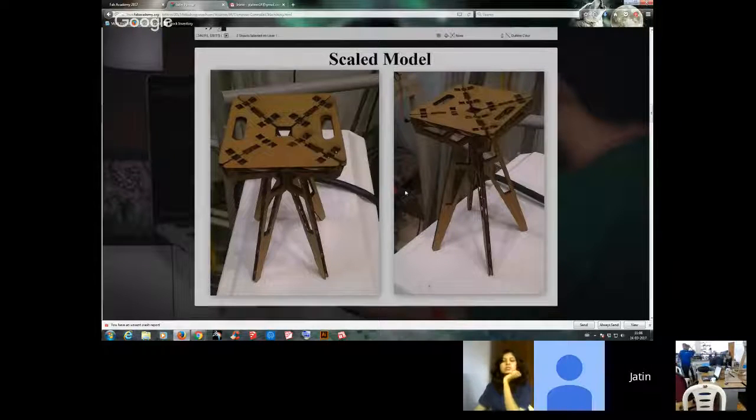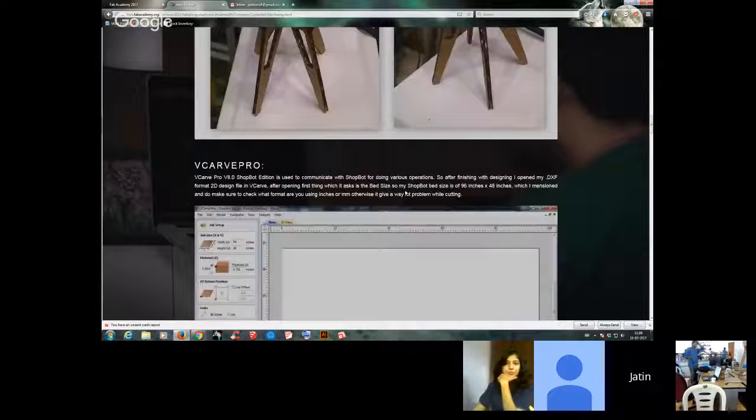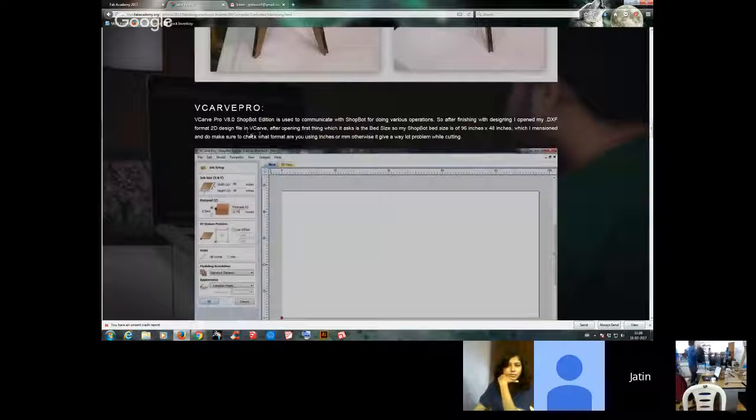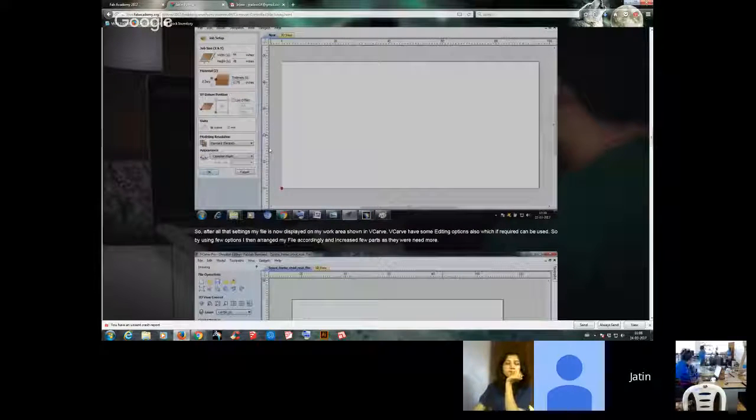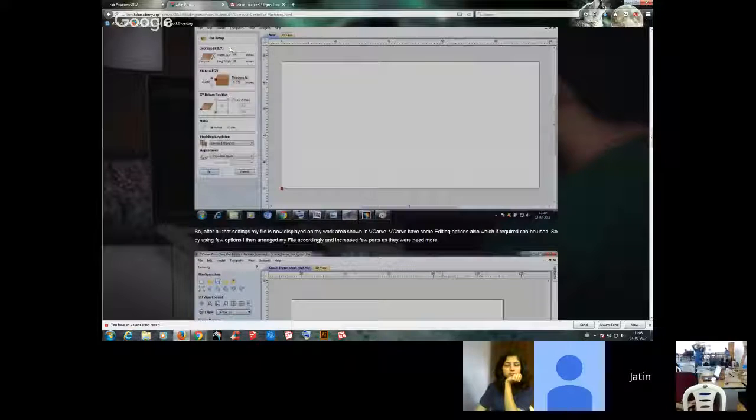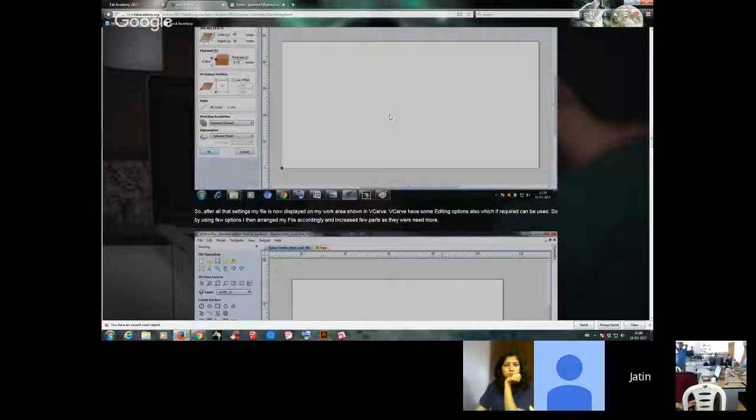Good. After that, I went to VCarve Pro, which is used for cutting on the Shopbot. As I opened it, I had to set the width and height of my sheet.